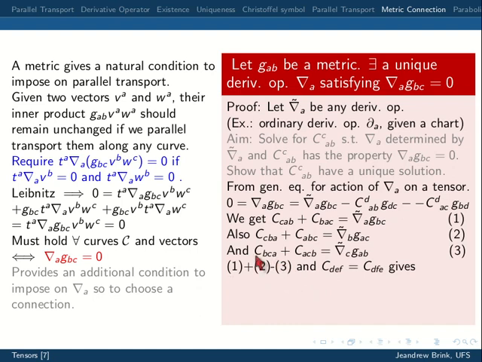If you add the first two together and you subtract the third one, what do you get there? You use the fact that the C's are antisymmetric in the last two indexes. In other words, you can switch these A and B around.